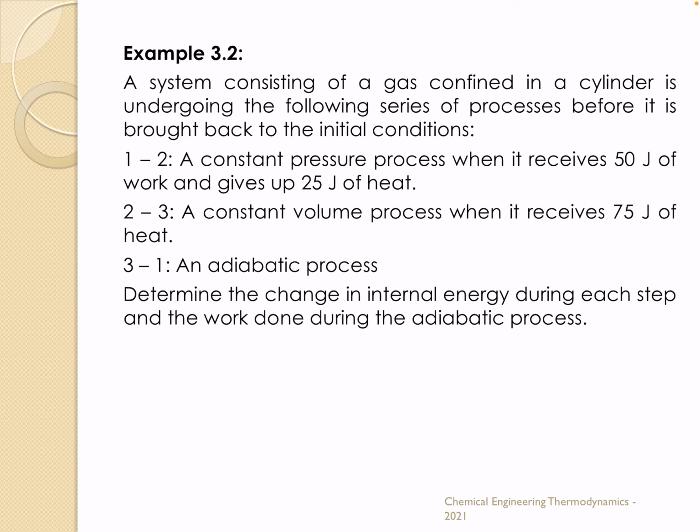A system consisting of a gas confined in a cylinder is undergoing the following series of processes. Every detail provided is important. A number of processes take place before it is brought back to the initial condition. The first process is at constant pressure, that by now we know is an isobaric process.